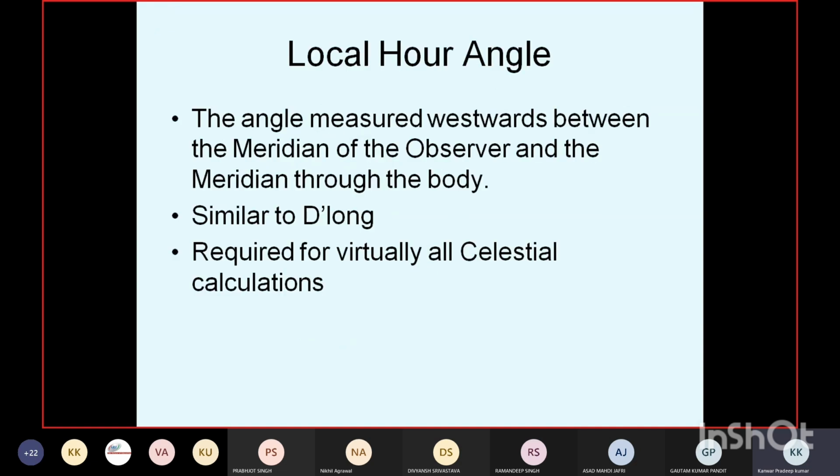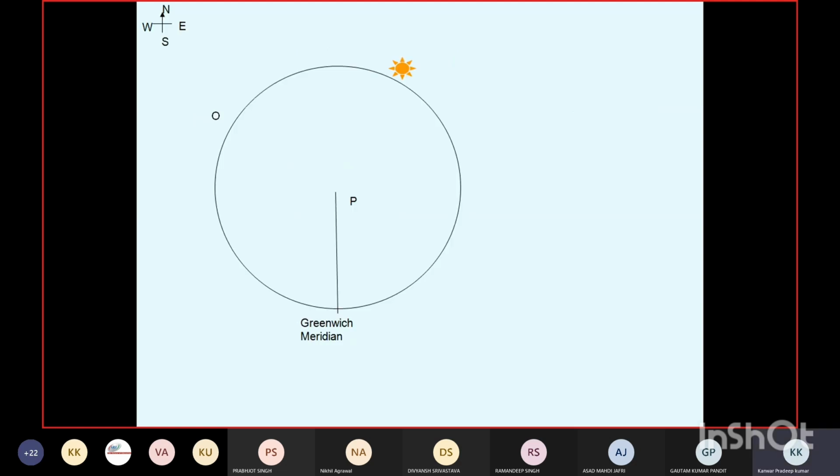Now we come to local hour angle. Angle measured westwards between the meridian of the observer and the meridian through the body. Similar to D long, required for virtually all celestial calculations. So pole and Greenwich, west longitude, because the observer is to the west of the Greenwich meridian.